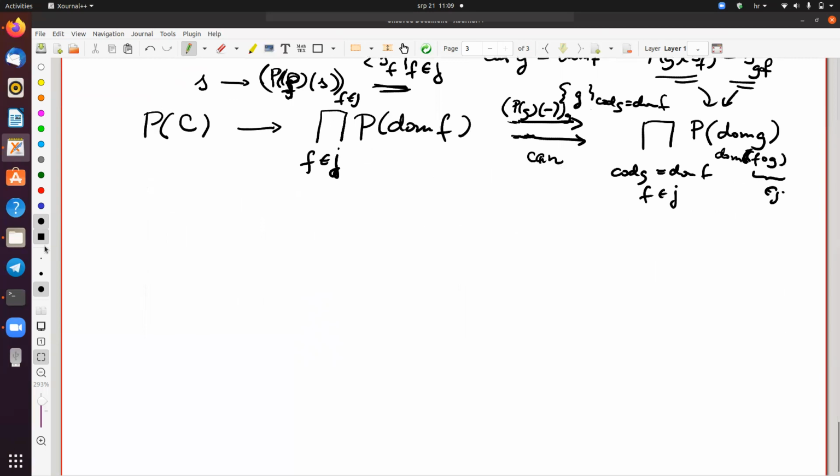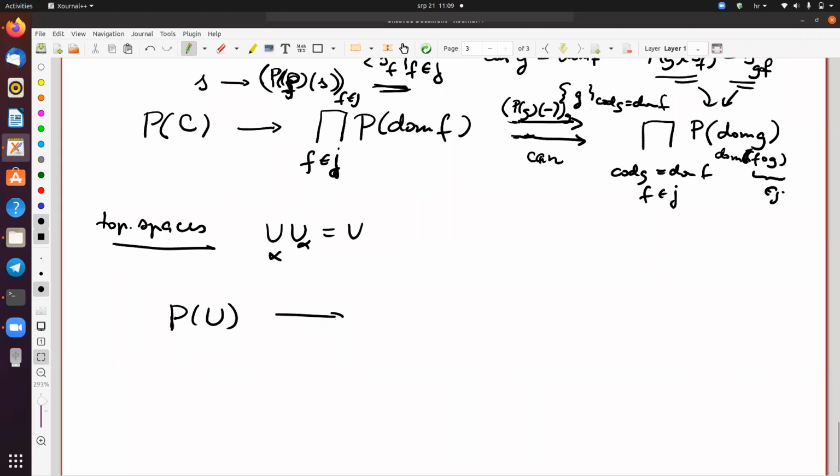There was an exact sequence which I didn't write, but it's well known for topological spaces. It's much simpler. For topological spaces, if you have U alpha a cover of U, and you have a pre-sheaf on U, then you have simply restrictions.